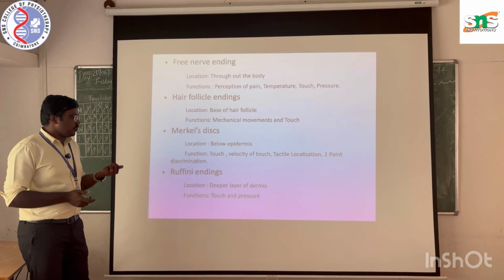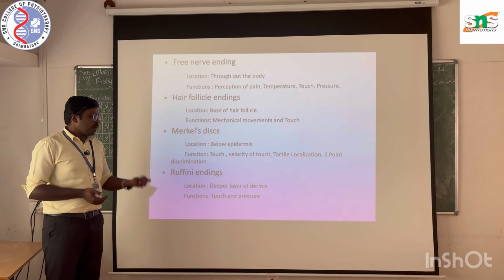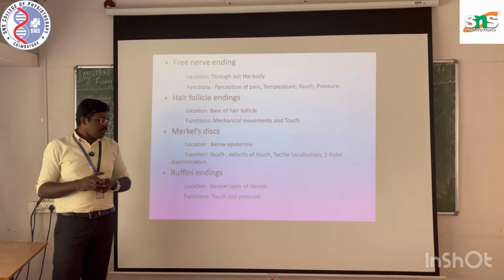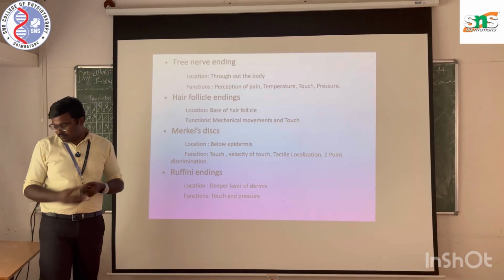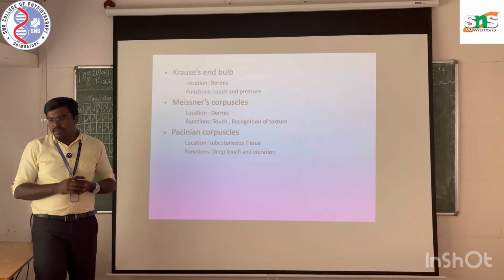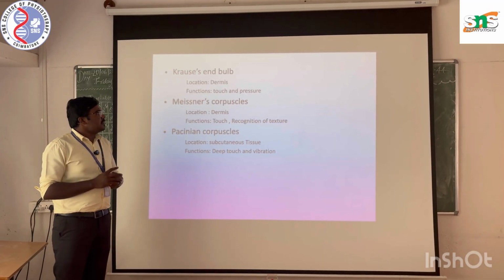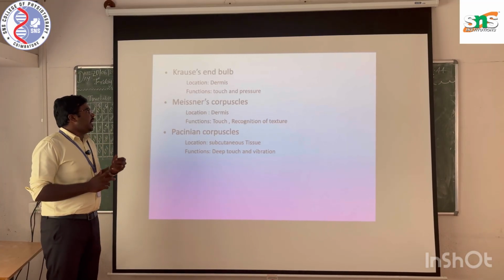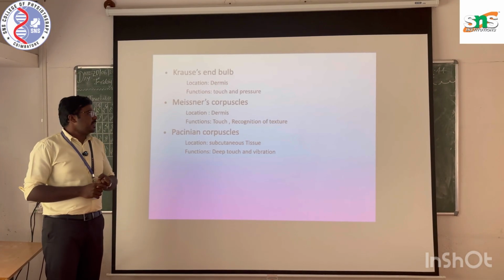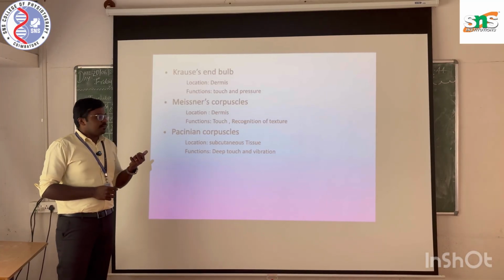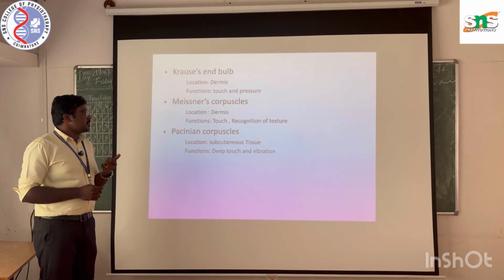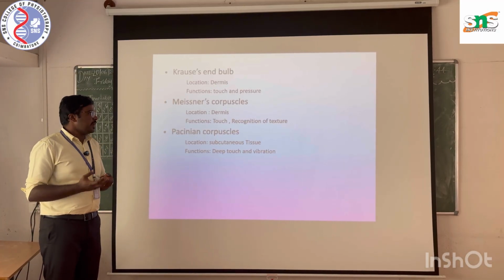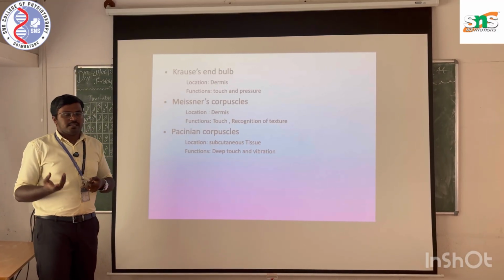Next receptor is the Ruffini endings. They are located at the deep layer of the dermis, and their function is touch and pressure. Next, Krause end bulbs, located at the dermis layer, with the function of touch and pressure. Meissner corpuscles are located at the dermis layer, and their function is touch and recognition of texture.